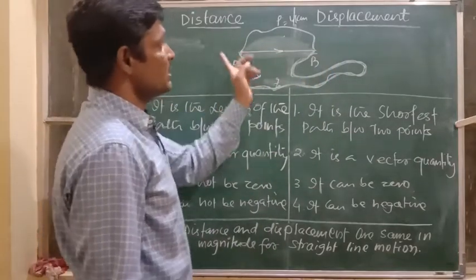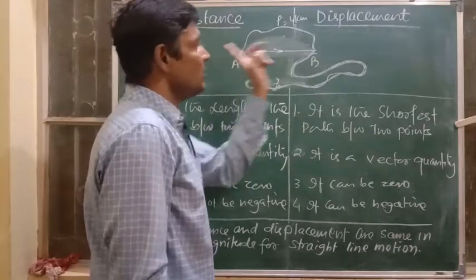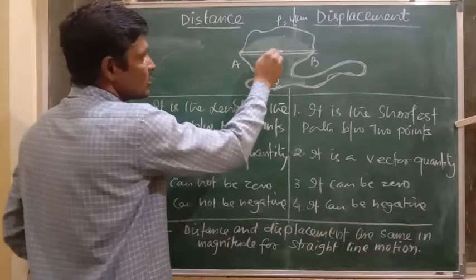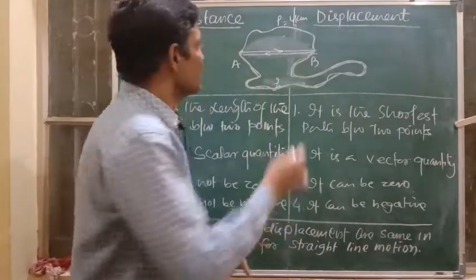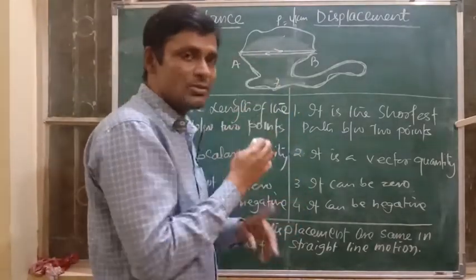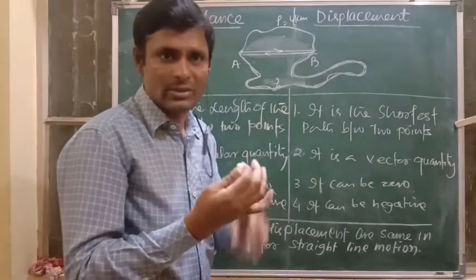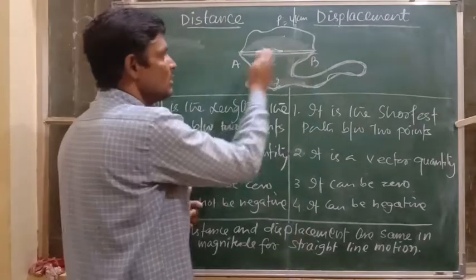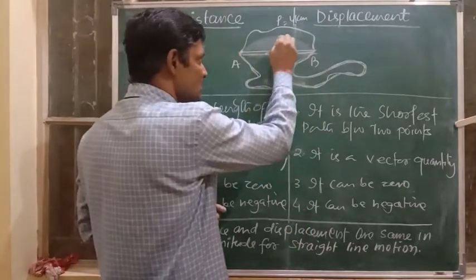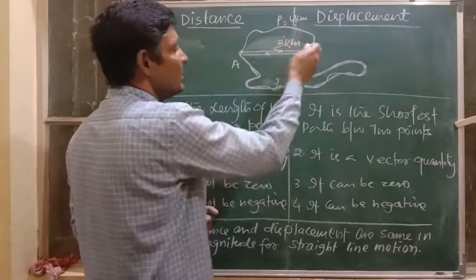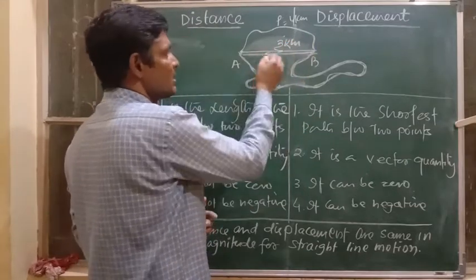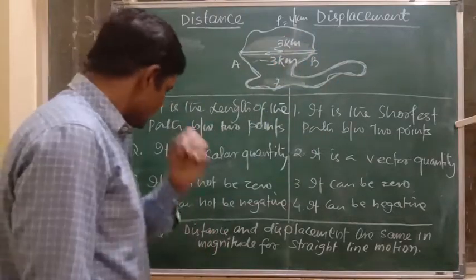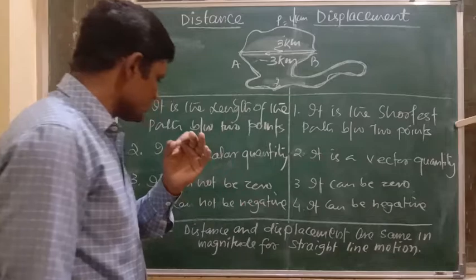But instead of drawing a straight path A to B, he draws a path B to A. So the result is negative, because he has to draw a straight line A to B, and in place of that, he has drawn a line B to A. So it was 3 km positive, but he measured it in the reverse direction, so it should be taken as minus 3 km.